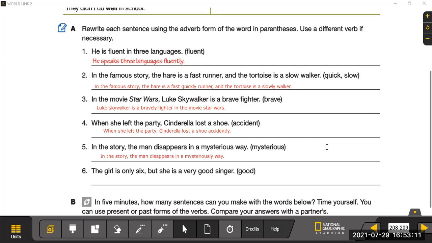It's okay. Maciel, can you try? The girl is only 6, but she is a very well singer.